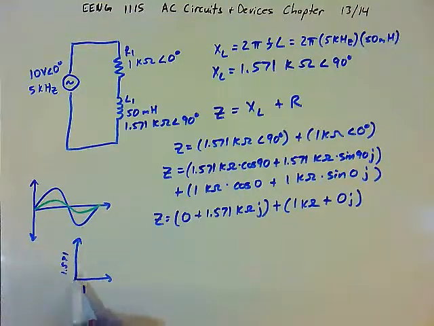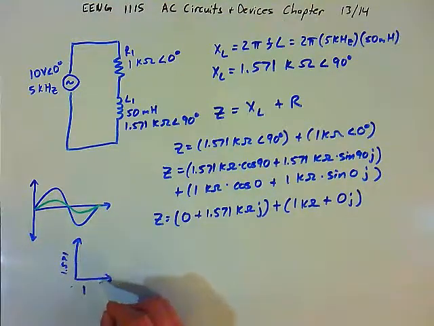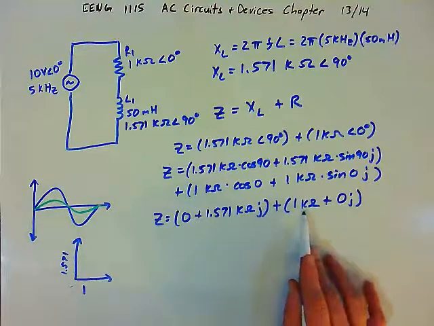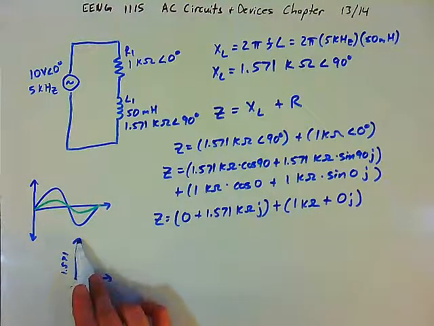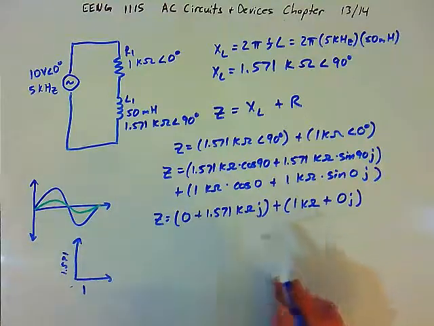The y component of this vector is 1.571 because it's all straight up and there's no x component. So when we have vectors at 0 and 90 degrees, the vector at 0 degrees is all in the x, and the vector at 90 degrees is all in the y. With a little bit of practice you'll get more familiar with that. It'll be a lot easier.